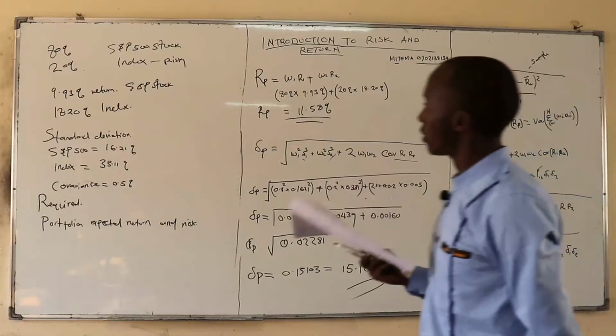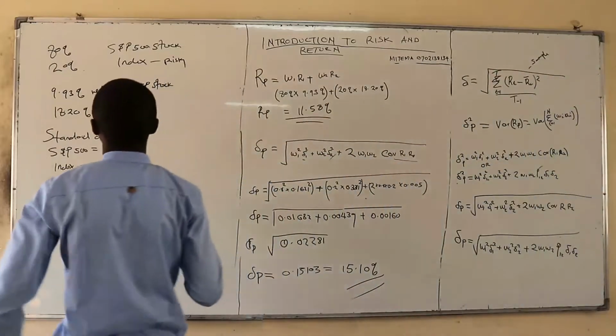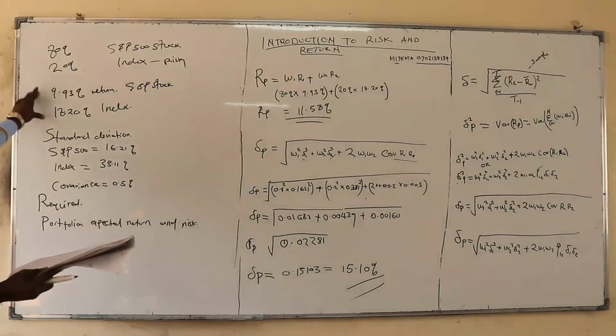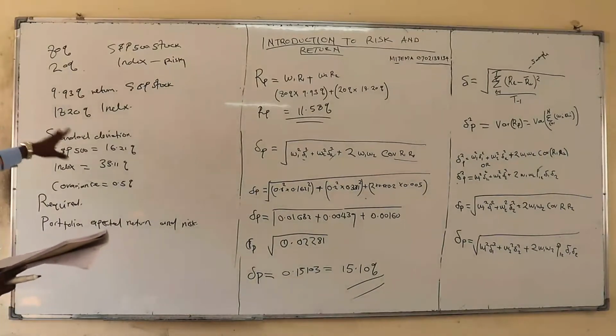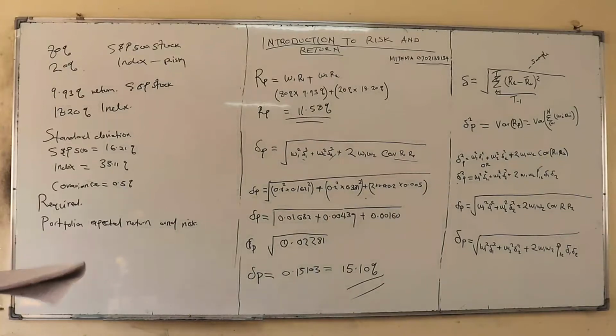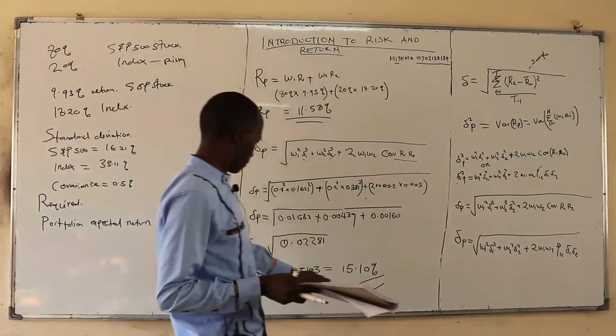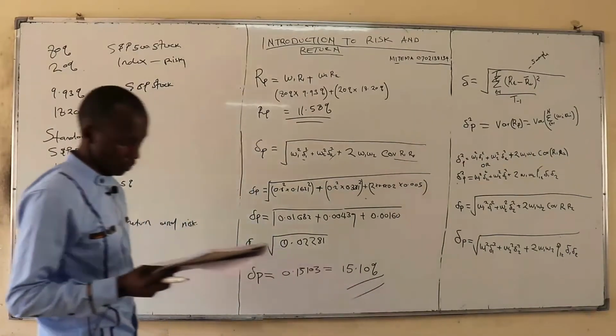The return of the investor, who had the initial investment in the USA stock, increases from 9.93% to 11.58%, while the risk of the portfolio actually falls from 16.21% to 15.10%.